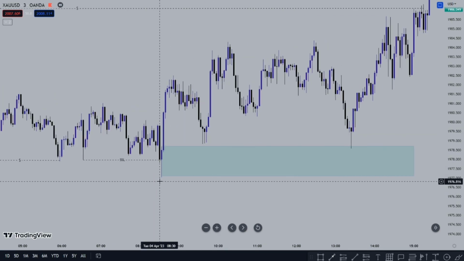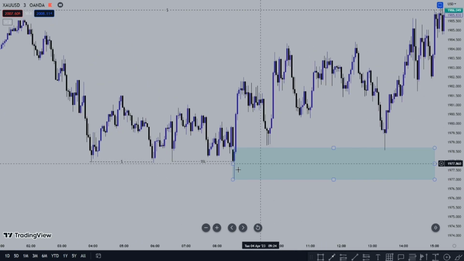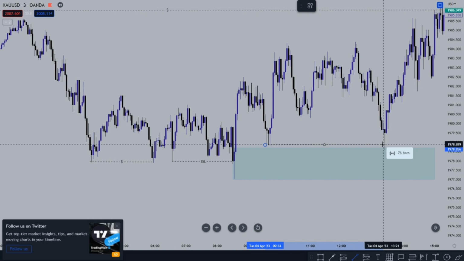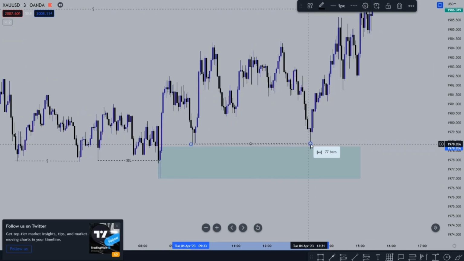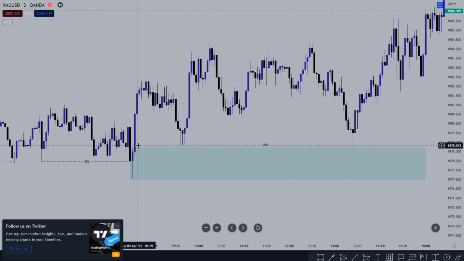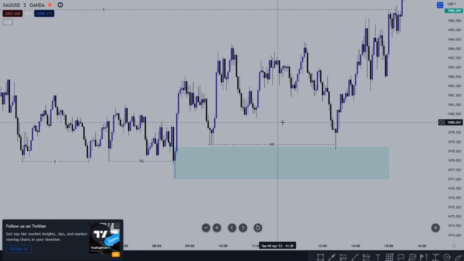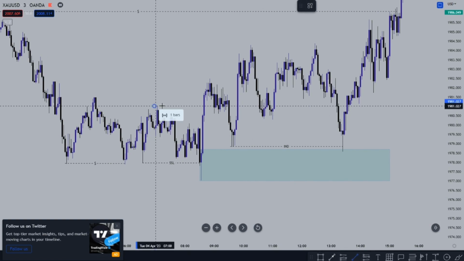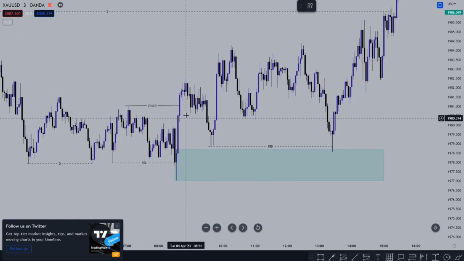Why I wanted to trade here? Because we have proper inducement here, and we have imbalance just above that zone. Imbalance and inducement means high probability area. Also, we had a change of character here.